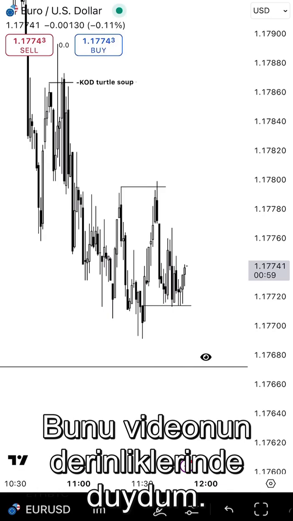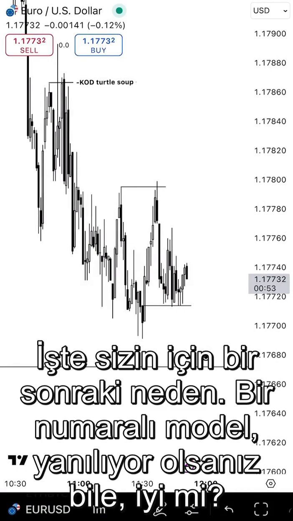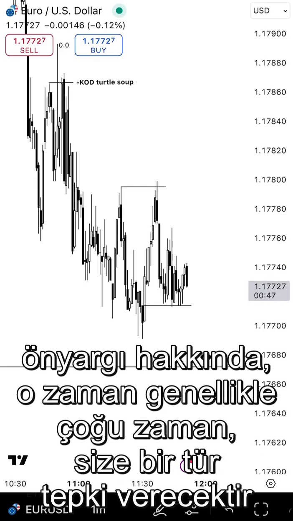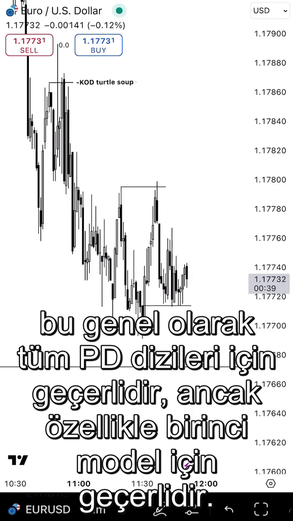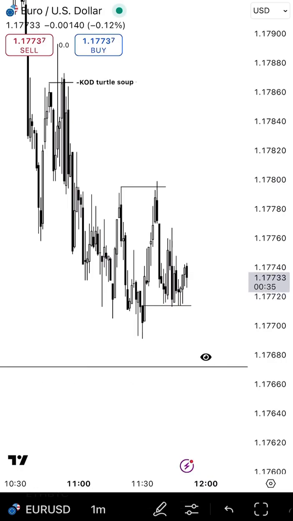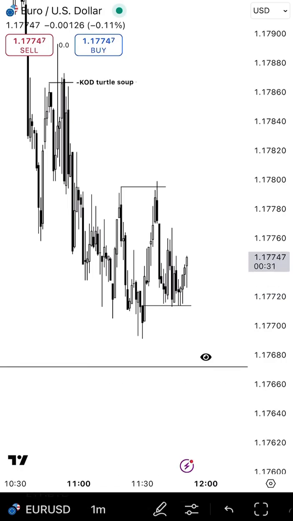And if you're this deep into the video, then here's an extra gem for you. Model number one is that good that even if you're wrong about the bias, then usually, more often than not, it'll give you somewhat of a reaction. That applies to all PD arrays in general, but it's specifically to model number one. Even if your bias is wrong, it'll give you something.